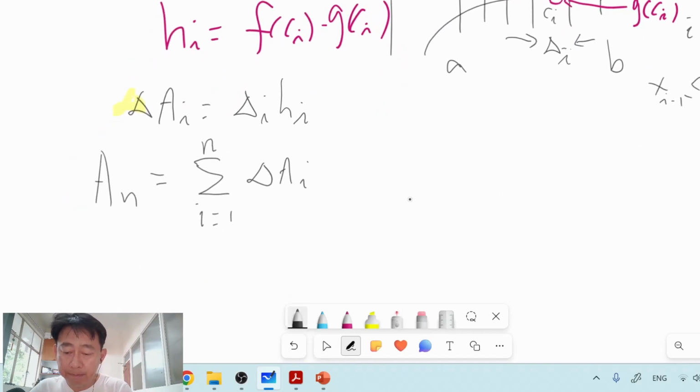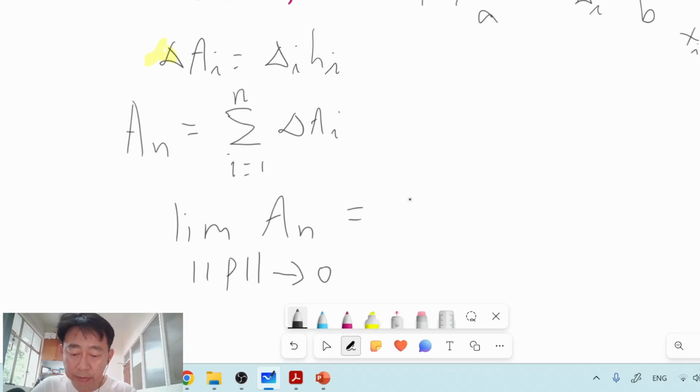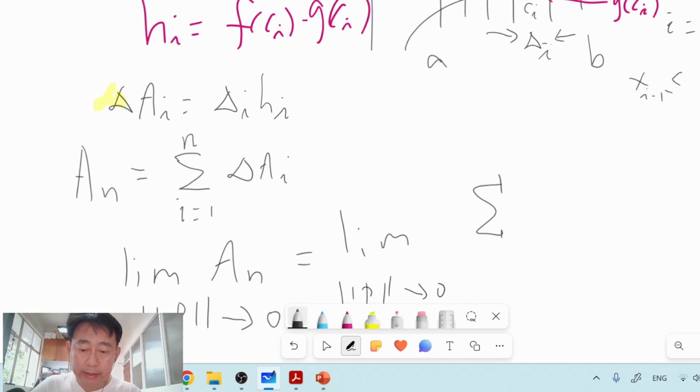The Riemann sum is the value of A_n in the limit where you make the norm of the partition go to 0, and this can be written as the limit of norm P going to 0 of the sum of delta A_i, where delta A_i is just delta x_i times h.